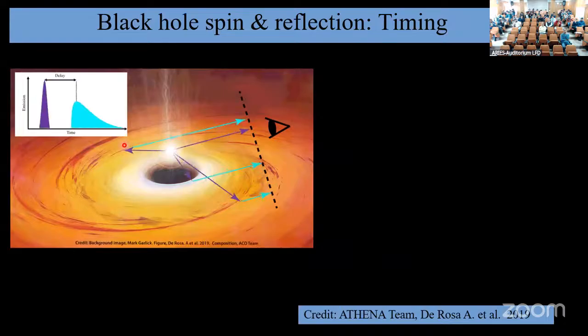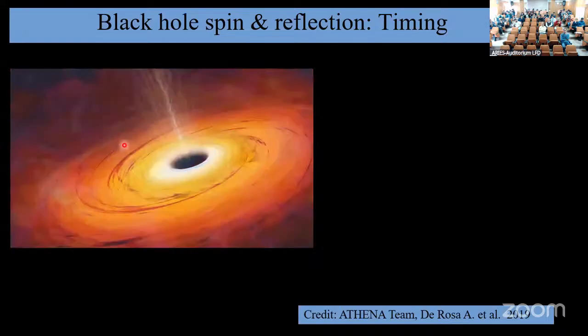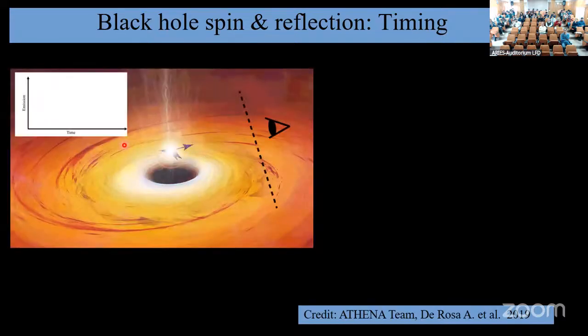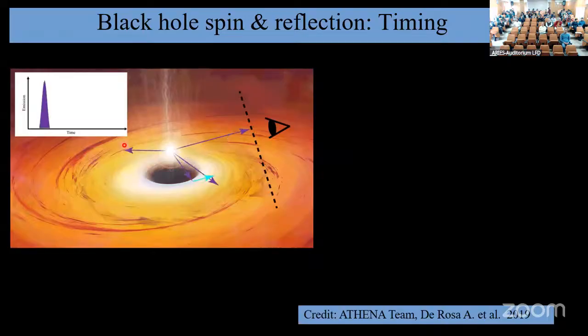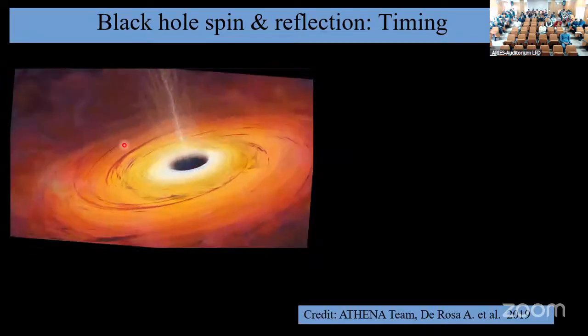Yes, that is also possible. With the variation of impact parameter, you can have a lot of timing features which are changing. But now the question is, not all impact parameters will reach a certain observer.